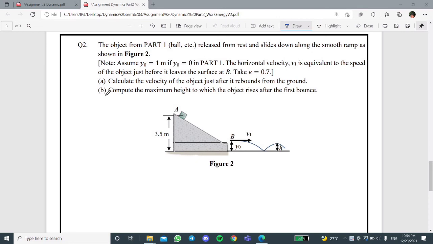For question B, the question is to compute the maximum height to which the object rises after the first bounce. So this is the first bounce, and then this is the second bounce. So we want to calculate the maximum height at this point.